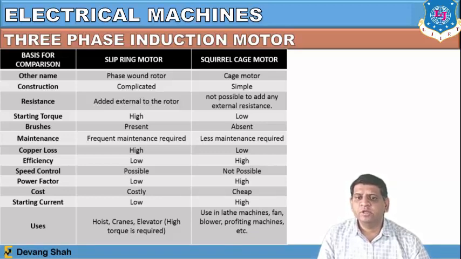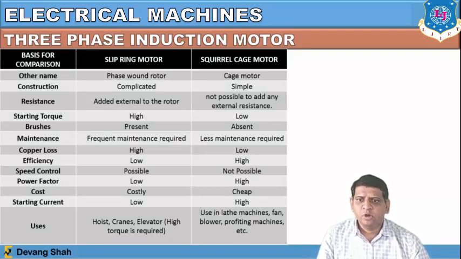Efficiency is low in a slip ring motor while high in a squirrel cage. It is possible to control the speed of a slip ring motor while not possible to control the speed of the squirrel cage. The power factor is low in a slip ring motor while high in a squirrel cage motor.